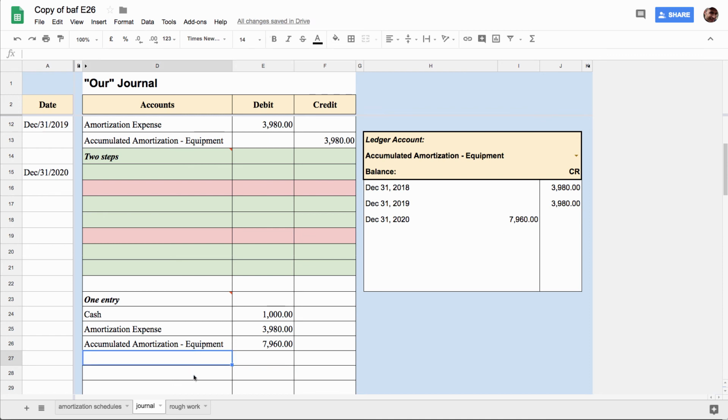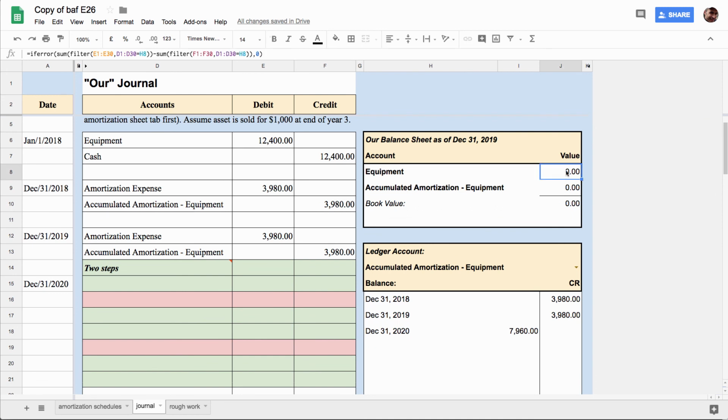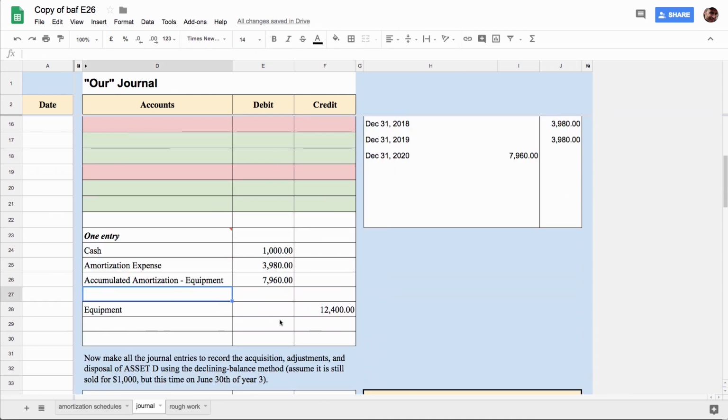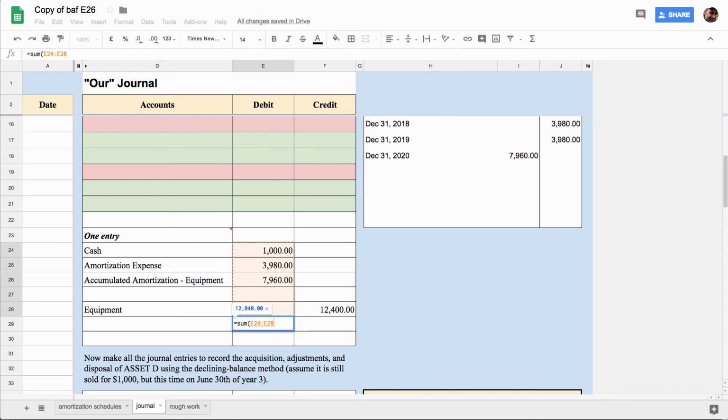The last bit will still be a capital gain or a loss, so you still have to get rid of the equipment, though, don't forget. So $12,400, right? So our balance sheet is gone. There's nothing relating to the equipment anymore. We still have a capital gain to recognize, and we do the same process. You can total up your debits like this, and you can total up your credits, and notice the result is the same. It doesn't change the result.